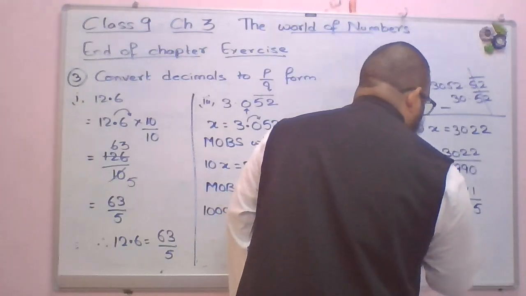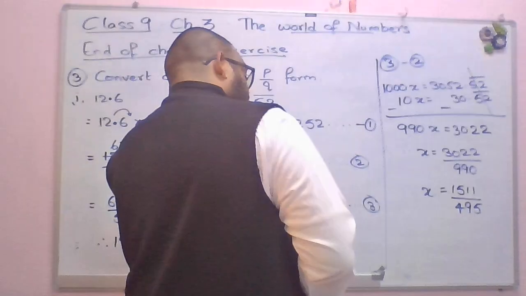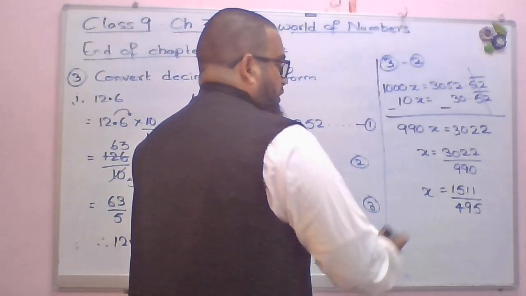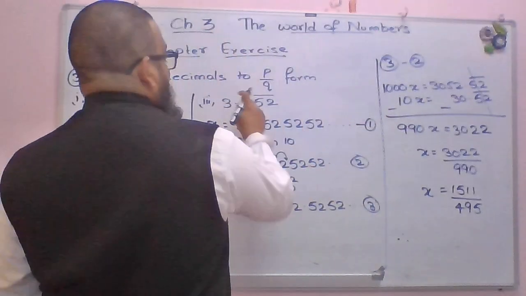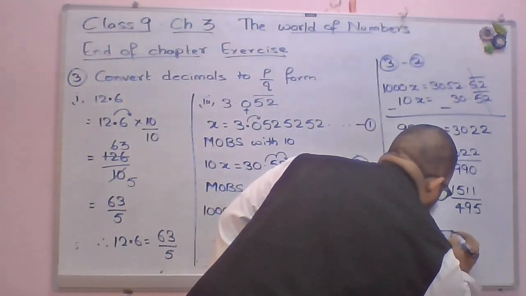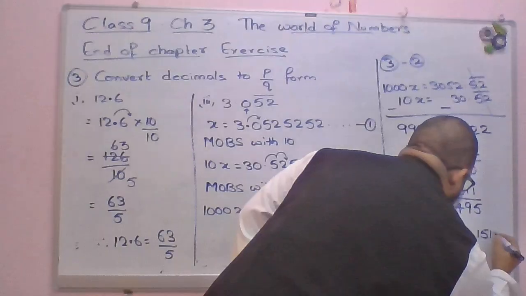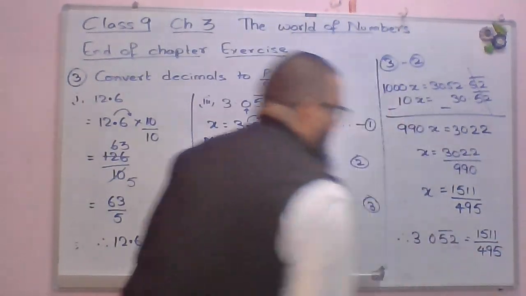So therefore we got x is equal to 1511 by 495. There are no common factors, so therefore 3.052 bar can be written as 1511 divided by 495.